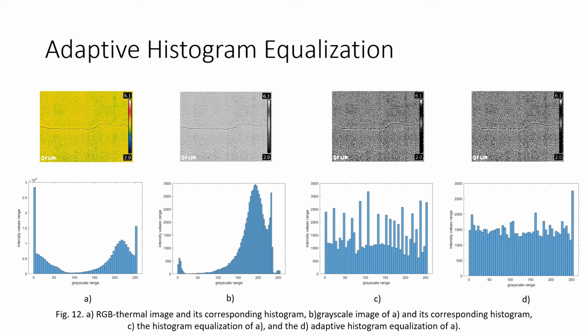The adaptive histogram equalization is on the most right side of this figure, letter D. The RGB thermal image and its corresponding histogram are given in letter A, while B is the grayscale, C is the histogram equalization, and letter D is the adaptive histogram equalization. So this is the output of the grayscale, and this is the output of the adaptive histogram equalization.